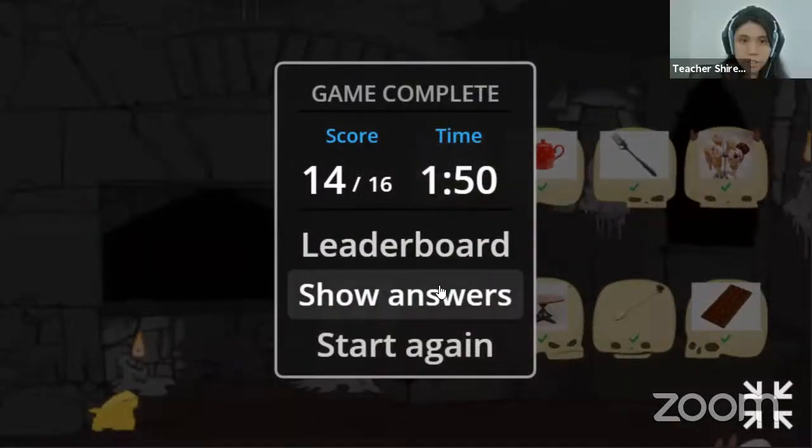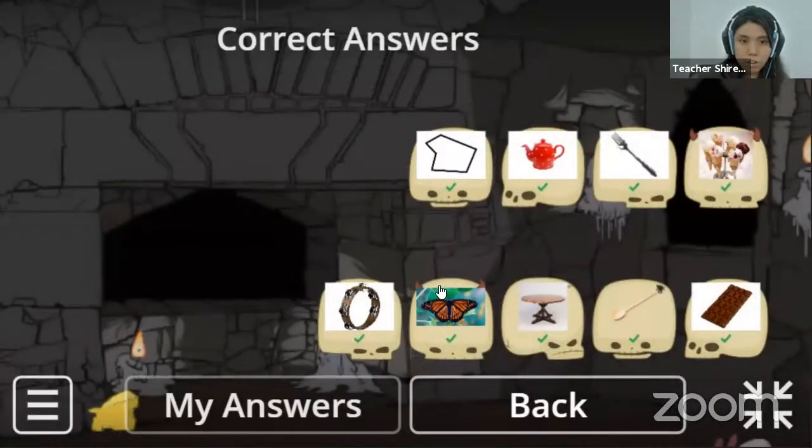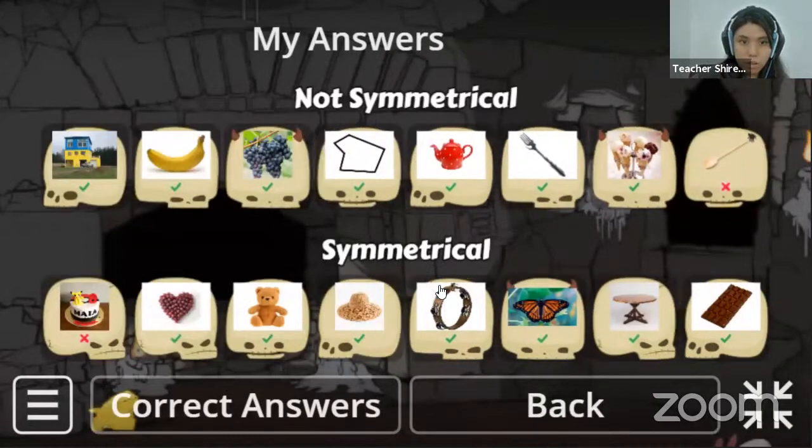Okay, very good. Angel, you got 2 wrong. Can I see which 2 wrong? Okay, you see the spoon? The up and the down is not symmetry, but Angel, let me draw the annotate. When you draw a straight line like this, do you think it's symmetrical? The left and the right, is it the same?